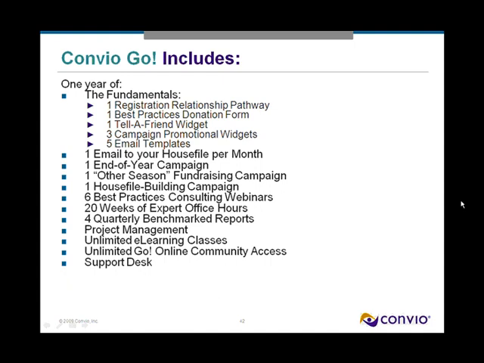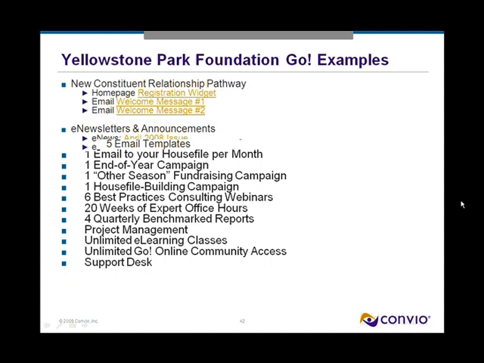So we benchmark you against all the other clients in the Go program, and then we also benchmark your results relative to your peers that are working through the same course of events as you are in that first year, where my team is working closely with you and your staff to go through that structured best practices program.